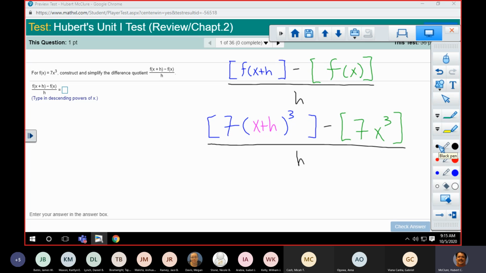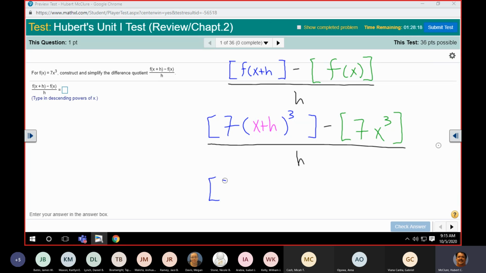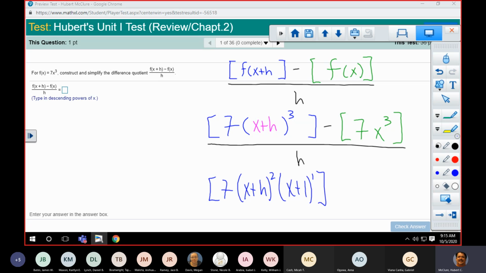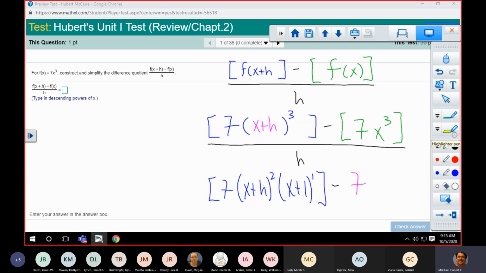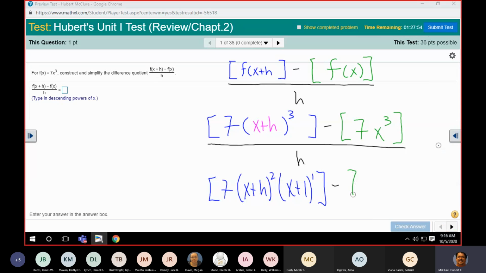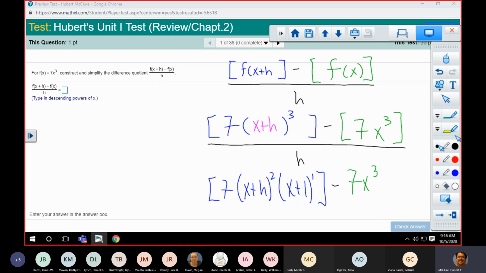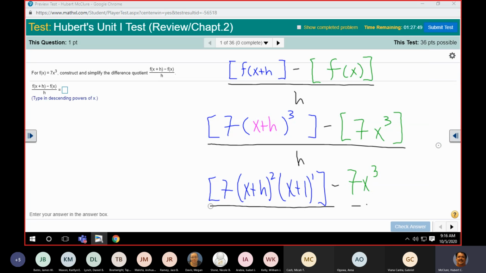I'm going to take it one step further, and that's going to be brackets 7 times x plus h squared times x plus h to the first power minus 7x cubed, oops, sorry, 7x cubed all over h.